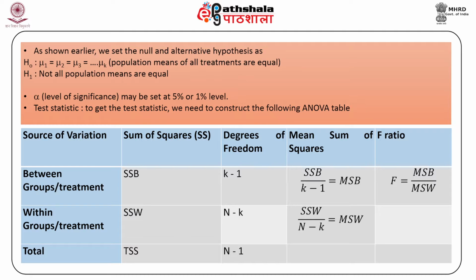In the next column we have the mean sums of squares: SSB divided by K minus 1, written as MSB, and similarly SSW divided by N minus K, which is MSW. And in the last column, we have the F ratio, which is written as F equal to MSB upon MSW.